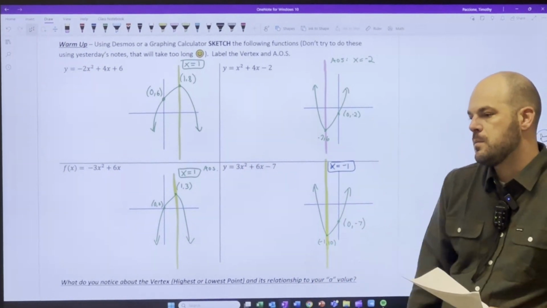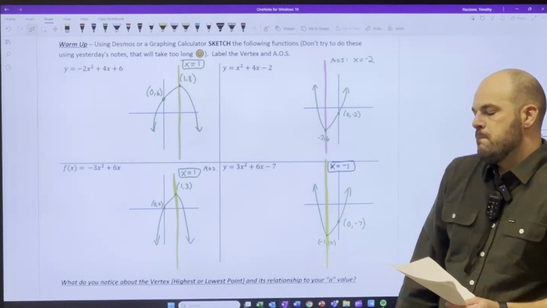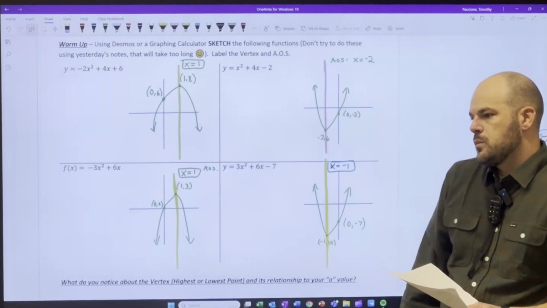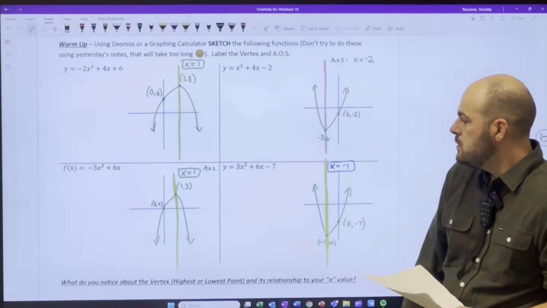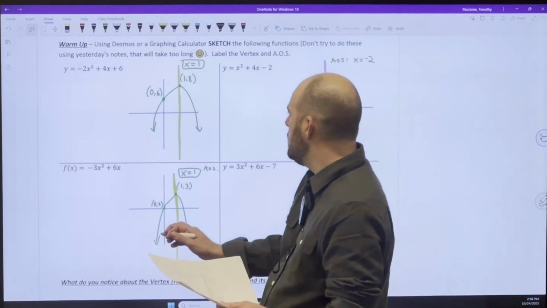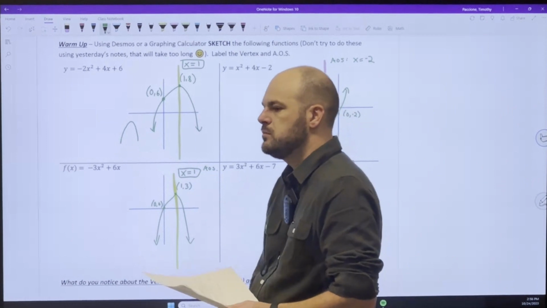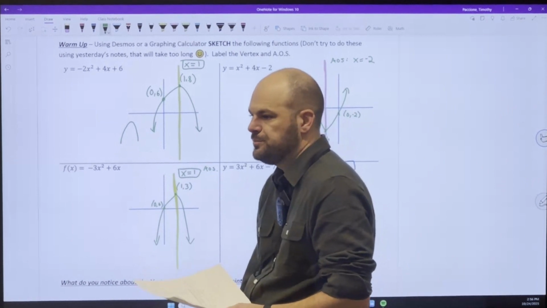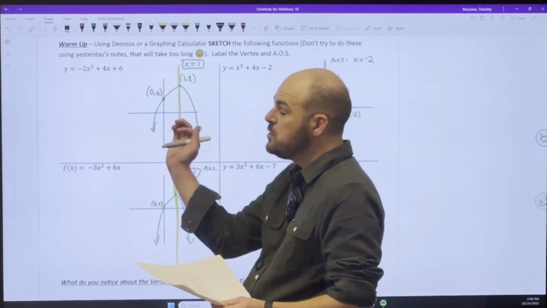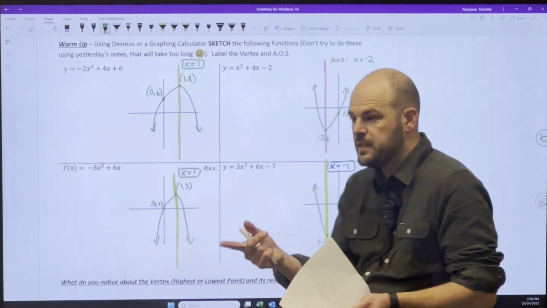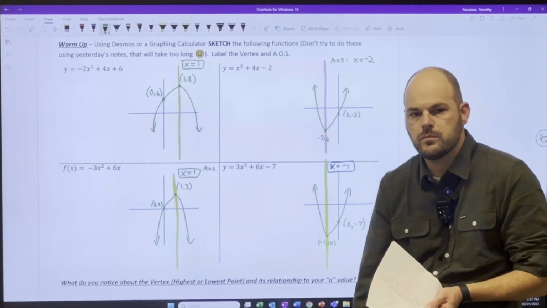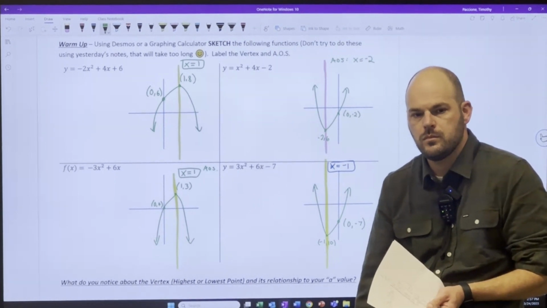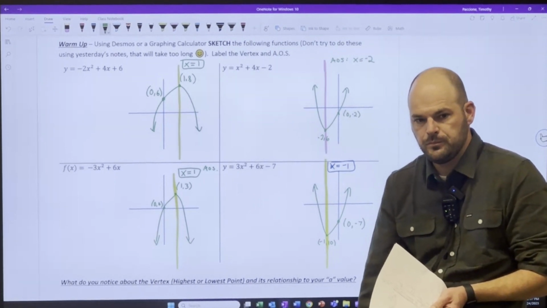What do you think? If you invert the parabola, it's going to have a positive highest point. Well, kinda. What if I had this, though? That could happen. But in this situation, that is true. But it's not a rule or a law. Yeah? All of the negatives are down, yep, and then the positives are going up.